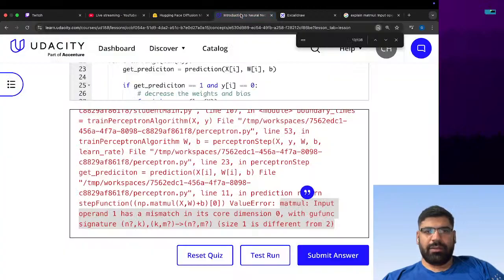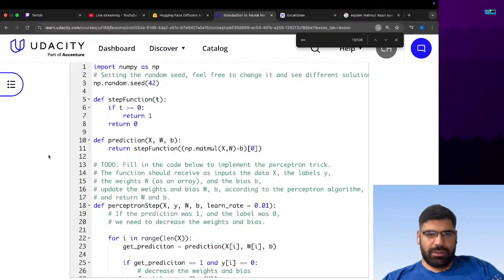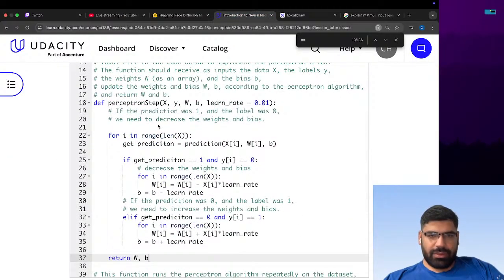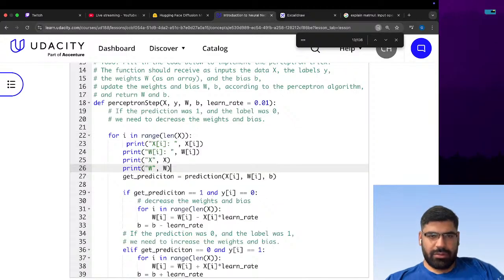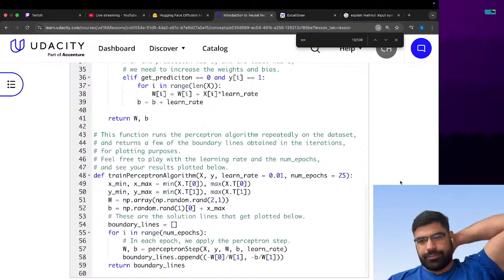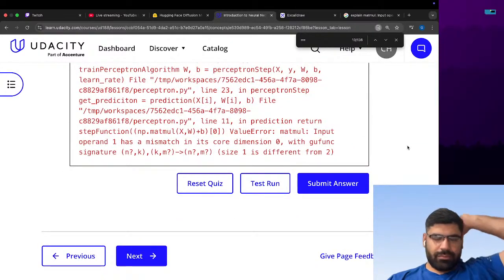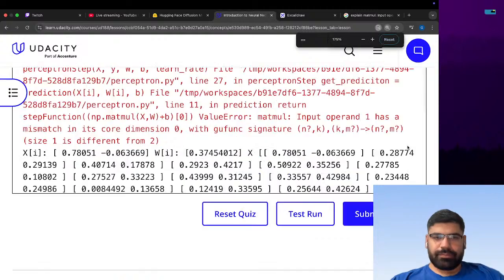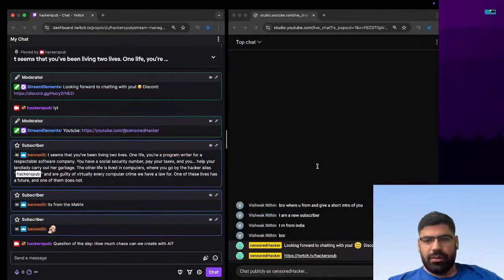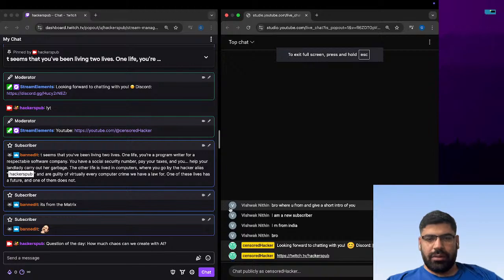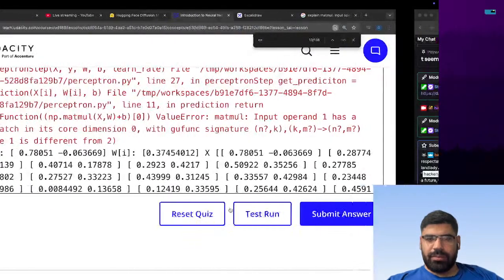I think we are near to the solution soon with this epoch and all the stuff. Let's see if we are near or not. I have to message him.